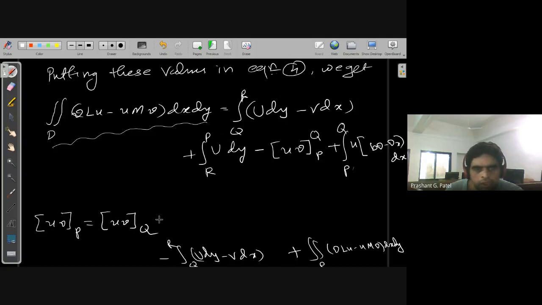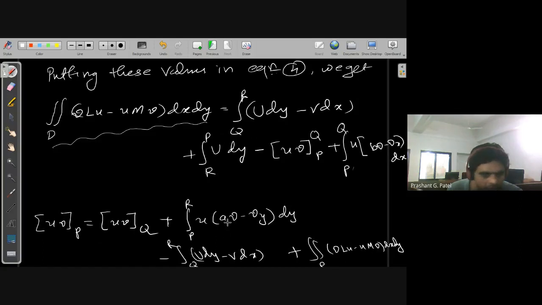So since it is a negative sign, I will change that integration from P to R, so it will become plus. Now it is P to R, it was R to P. Goes on the other side, it will have a negative sign, so we change the sign by interchanging the limits. And the value of U is U into (AV minus Vy) dy.